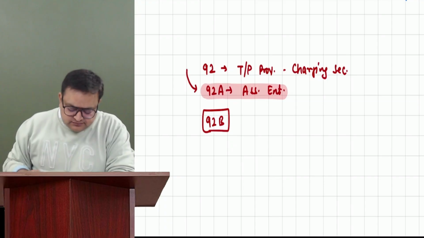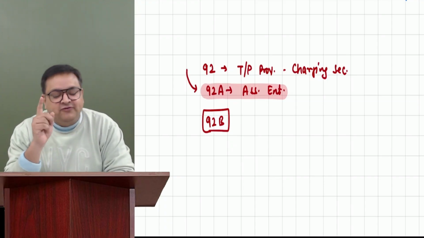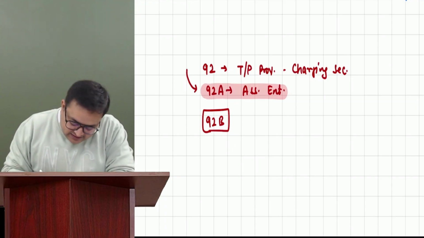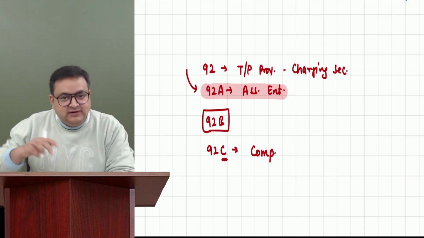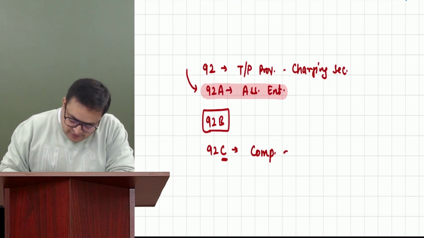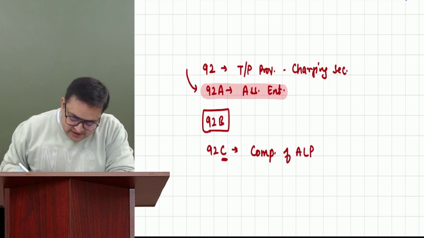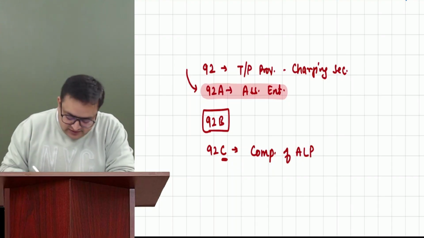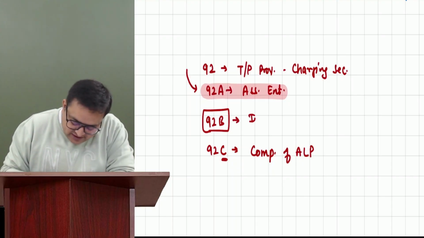Actually, it's a mixture of 92A and 92C. 92C is computation of ALP, how you will determine your ALP. 92B is the definition of international transaction.